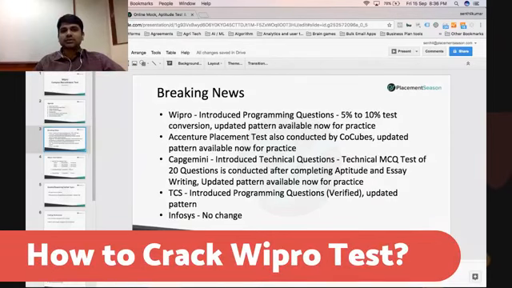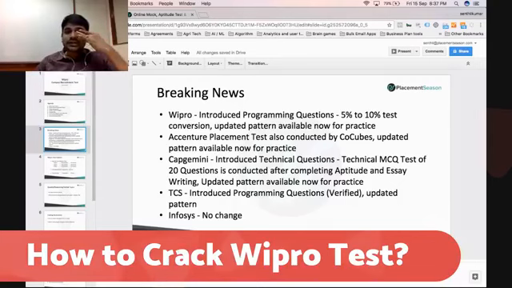That means if 1,000 students attend the test, the conversion is between 50 and 100. That's too low compared to last year, but that's how the numbers are this year. We can't attribute this low conversion just to the candidates' performance, because the company itself needs fewer freshers.